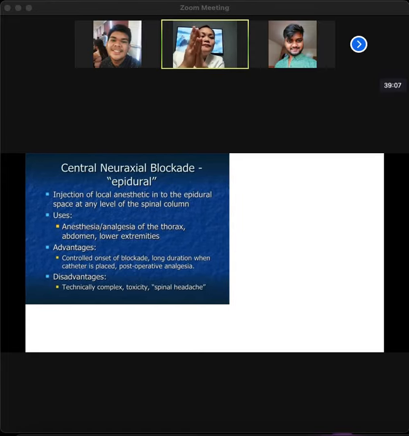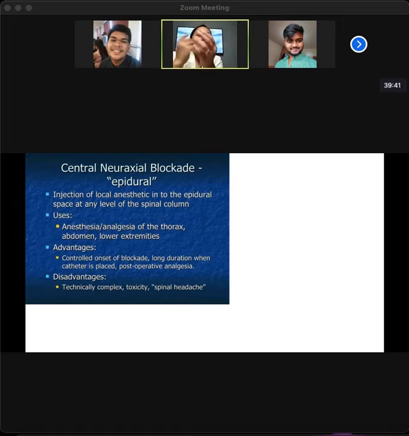Another one is epidural anesthesia. Okay? We usually give the local anesthetic through your epidural space at any level of the spinal column. They can be used for anesthesia and analgesia of your thorax, abdomen, or lower extremity surgery. The advantages: the onset can be controlled and the duration is longer as compared to your spinal anesthesia.